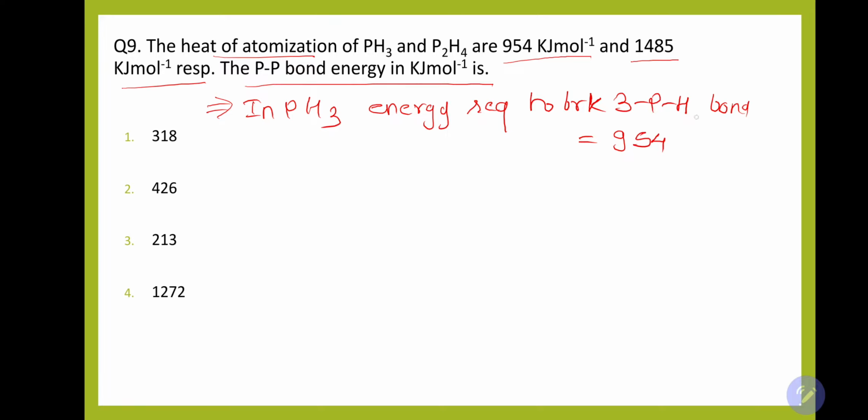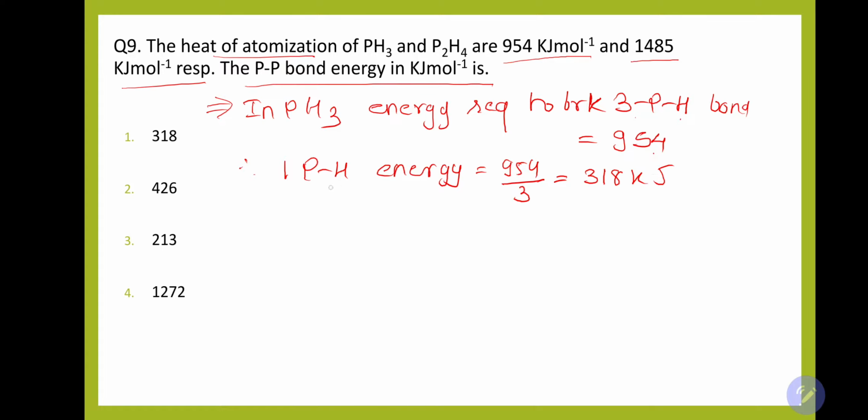That is to dissociate into the respective atoms. So if for 3 PH bonds 954 kilojoules of energy is required, so for 1 PH bond the energy required will be 954 divided by 3, which is equal to 318 kilojoules.